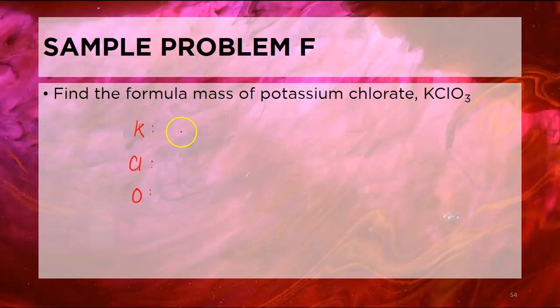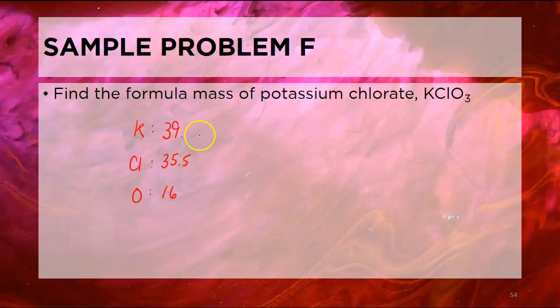Yeah, exactly, the molar mass. Oh, I was way off. 39 point. Okay, we'll leave it at 39. And then chlorine is 35 roughly. I'm going to say 35.45. And then oxygen is about 16.